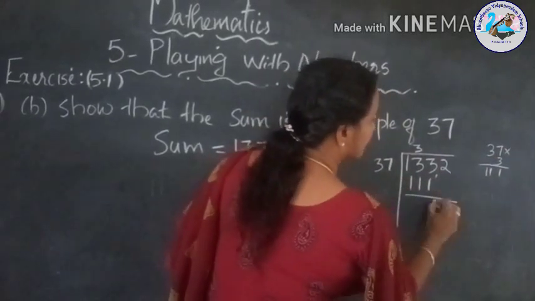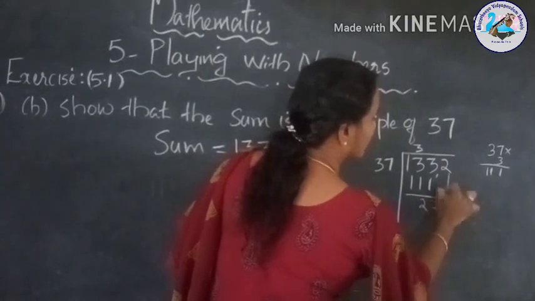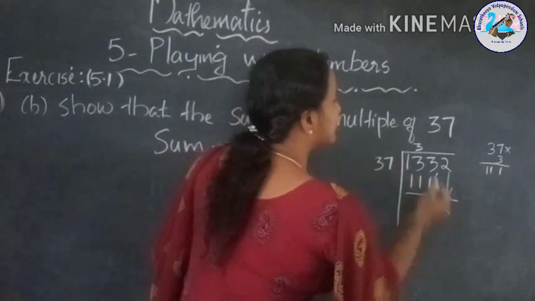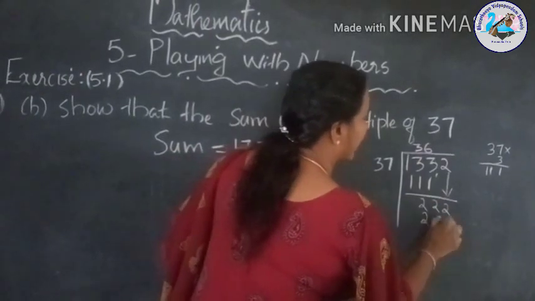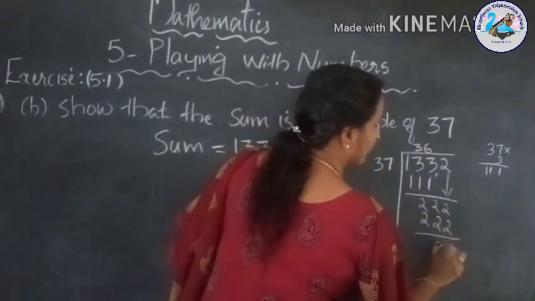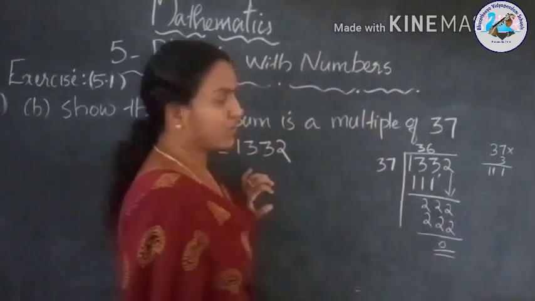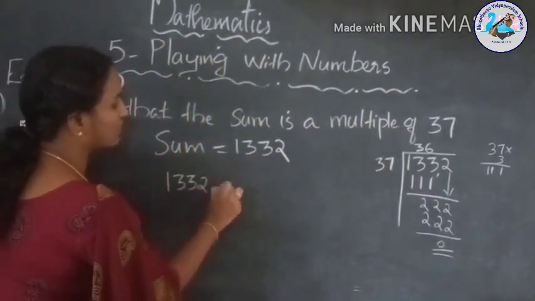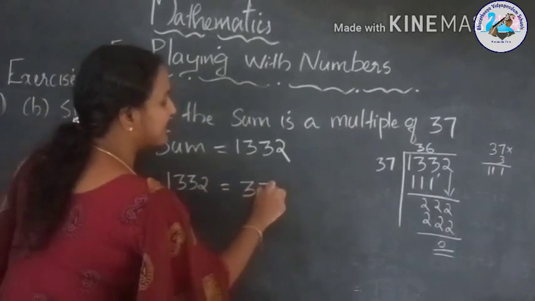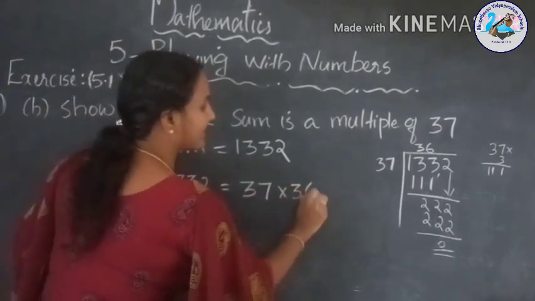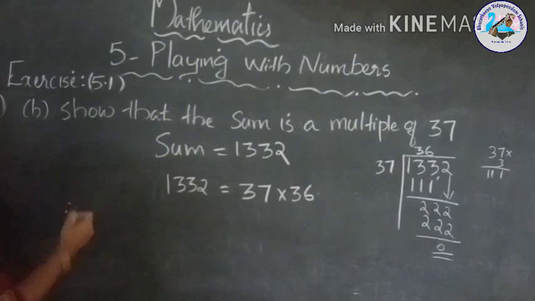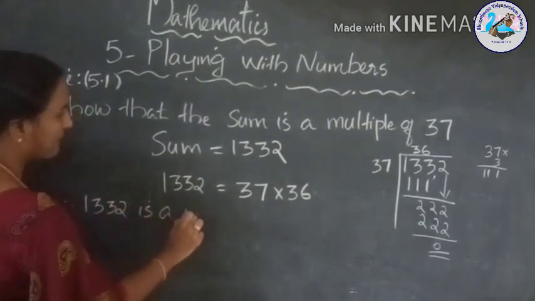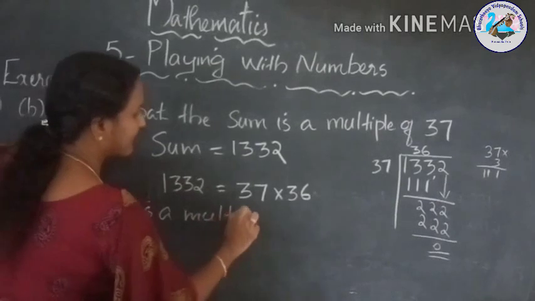Then the balance is 22. Then 6 37s are 222. The remainder is 0. So the sum 1332 is equal to 37 into 36. Therefore, 1332 is a multiple of 37.